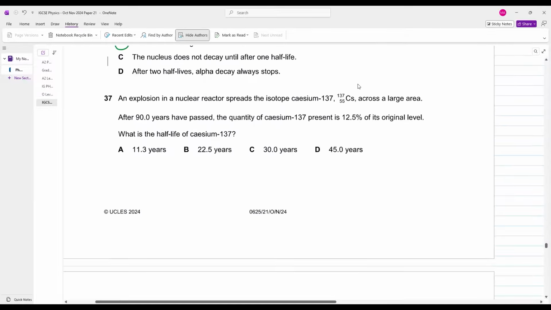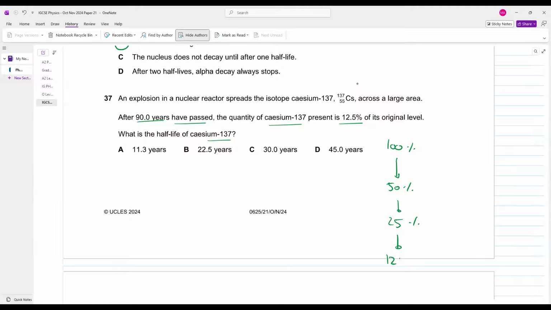Perfect. An explosion in a nuclear reactor spreads the cesium-137 across a large area. After 90 years have passed, the quantity of cesium present is 12.5% of its original value. What is the half-life of cesium? Let's say initially आपके पास 100% cesium था. After one half-life, it will become 50%. After another half-life, 25%.